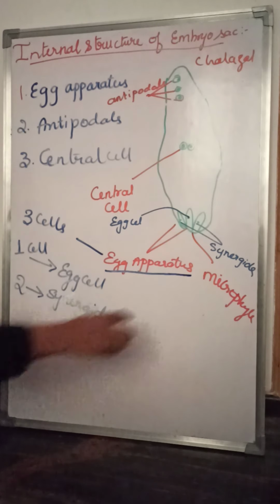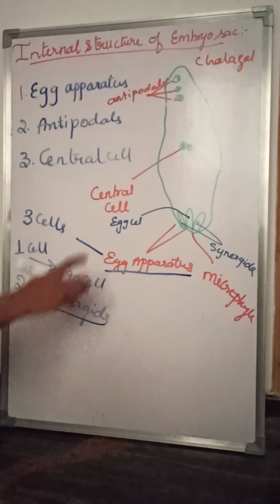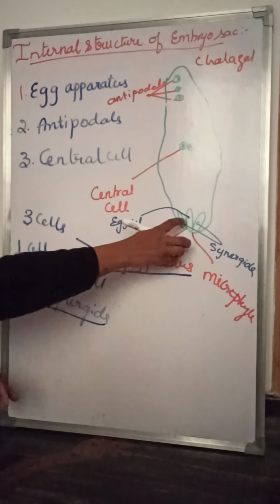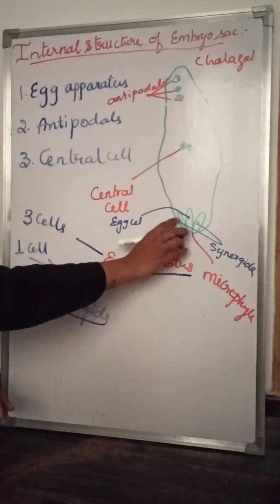Now what are these synergids? What is their function? These are cells present on either side of the egg cell. You can see the central egg cell, with the synergids on either side.